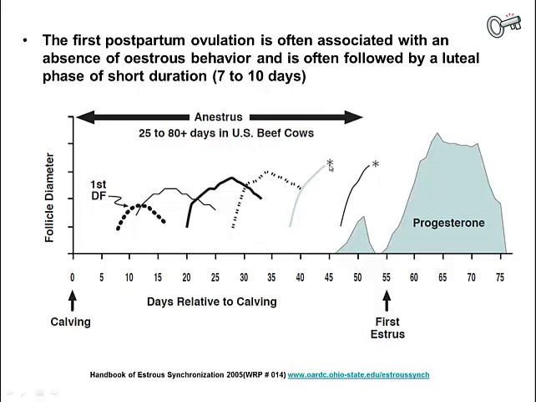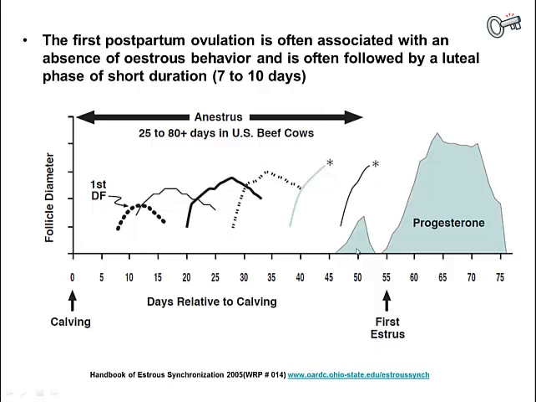Once they've had that first ovulation, progesterone is produced from the corpus luteum. This influences the hypothalamus, and the hypothalamus then is ready to stimulate the expression of behavioural signs of estrus on the next cycle. The other thing that happens is that often the duration of the first cycle is shorter compared to subsequent cycles. So once they ovulate the first time, you don't usually have a corpus luteum that hangs around for the normal 16, 17 or so days that we would normally expect.